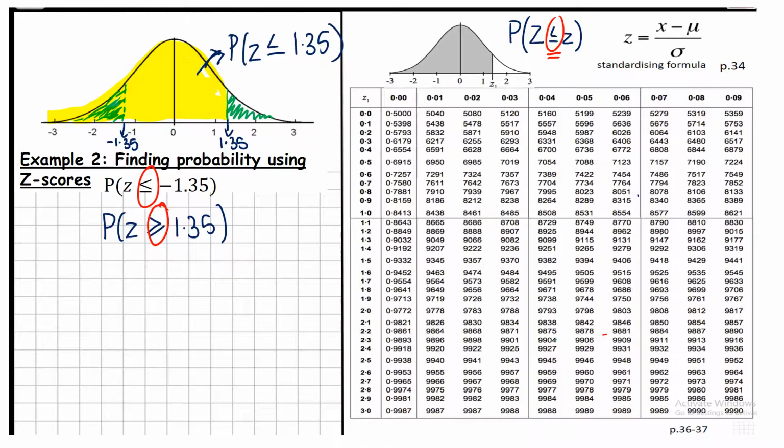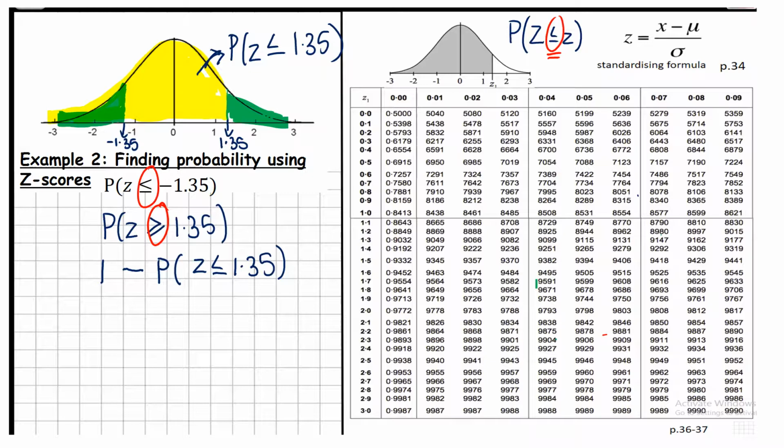Okay, so I know that if I have 1, which is all of the probability, and I take away the probability that Z is less than or equal to 1.35, I will get the little green piece. I'll just re-highlight that so we can see it. I'll be able to work out this piece here, and when I work out that piece there, it'll be the same as this little piece here.